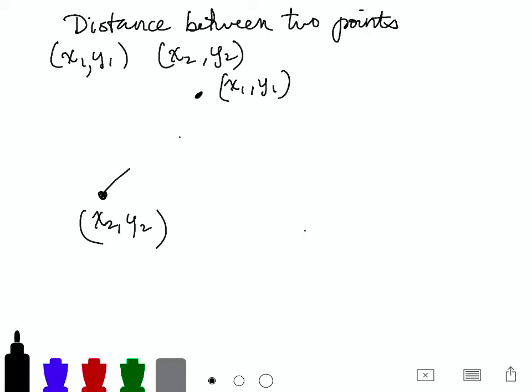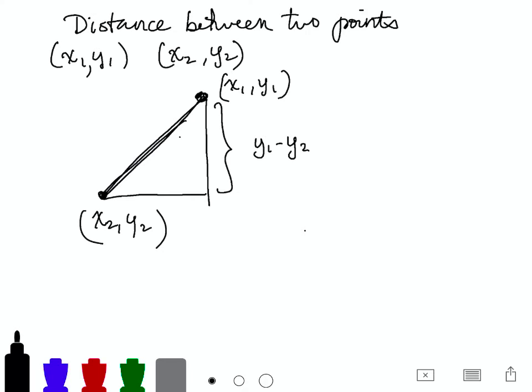We want to find the hypotenuse of this triangle. But this distance is simply y1 minus y2, and this distance is simply x1 minus x2.